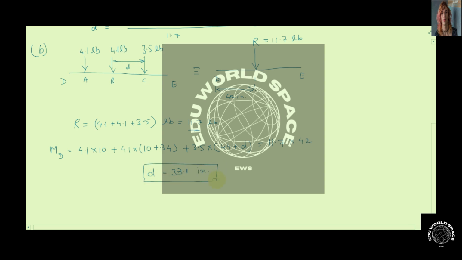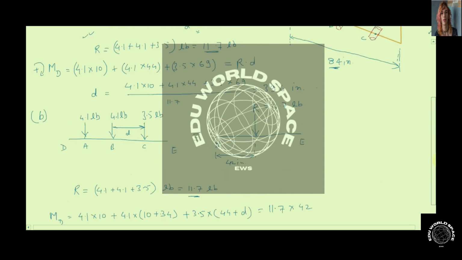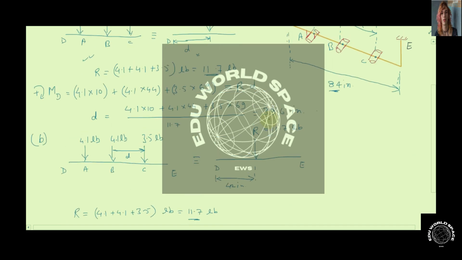So in the first part we got the distance as 39.6 inches. So the equivalent resultant force will pass at a distance of 39.6 inch from the point D towards the right side.